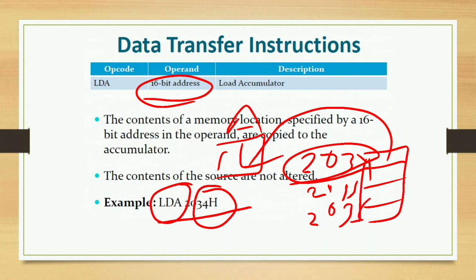It means the content of the memory location whose address is specified within the instruction itself, and the content of this address is loaded into the accumulator.